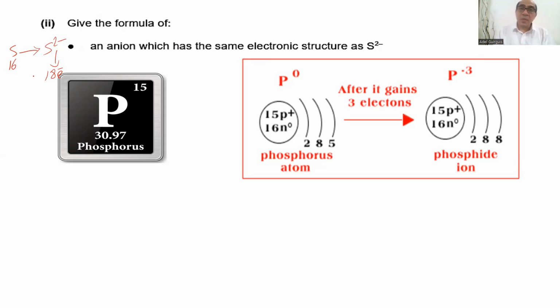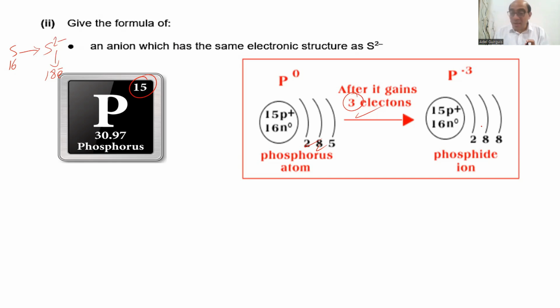Each phosphorus atom tends to gain 3 electrons from another atom during chemical reaction. Phosphorus 15 has electronic configuration 2, 8, 5. So it gains 3 electrons to become 2, 8, 8. This is the octet rule, to become more stable, like the nearest inert gas, argon 18.